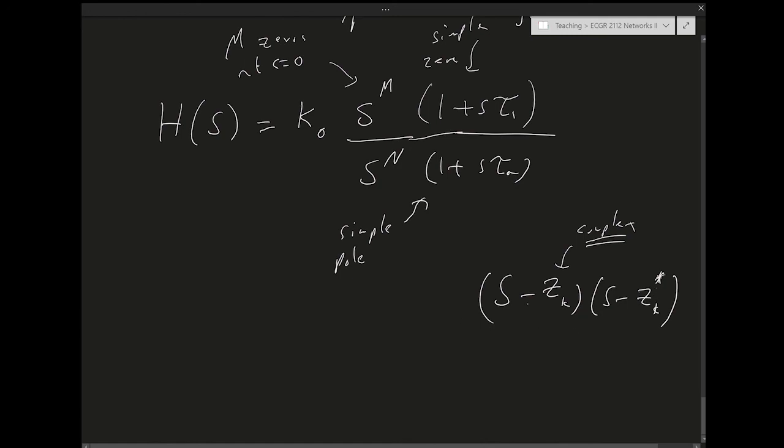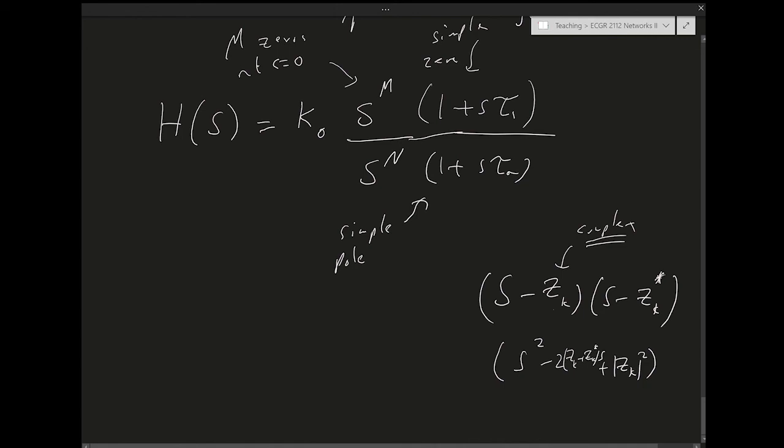We can always multiply this, and we get a second order polynomial. This becomes s squared plus the magnitude of zk squared, zk times zk conjugate, minus zk plus zk conjugate times s.